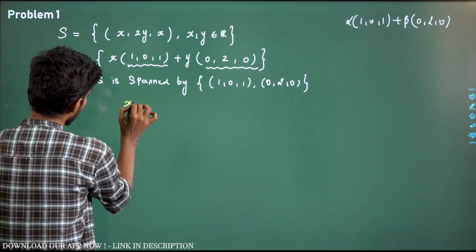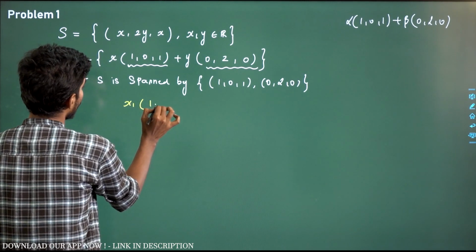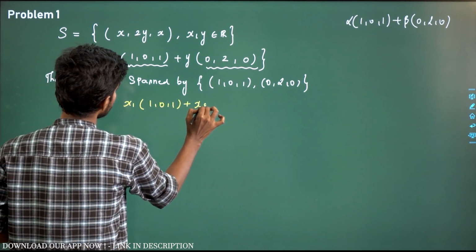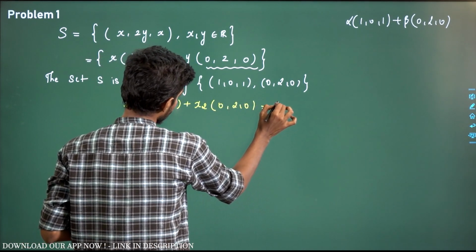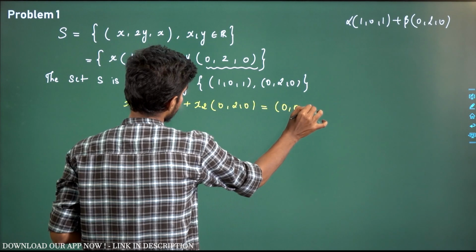That means x1 times (1, 0, 1) plus x2 times (0, 2, 0) is equal to (0, 0, 0).